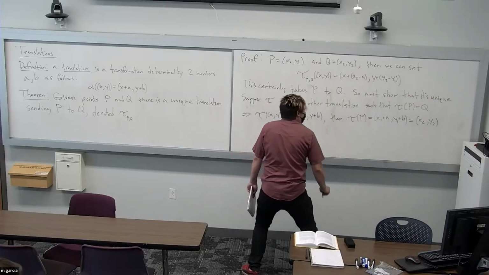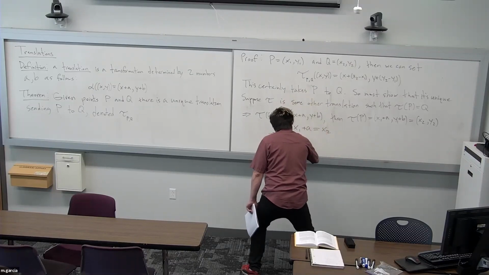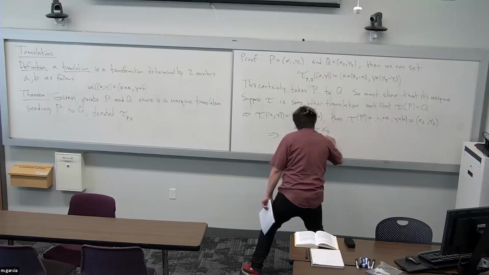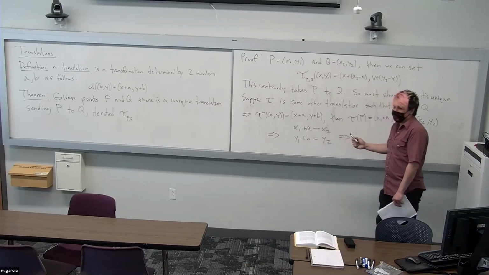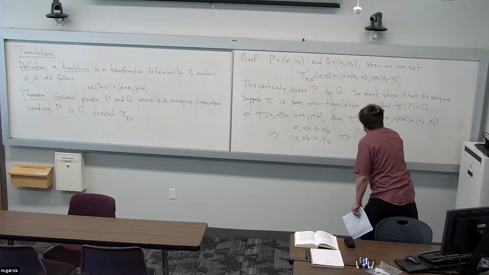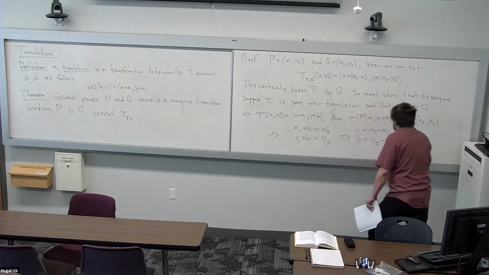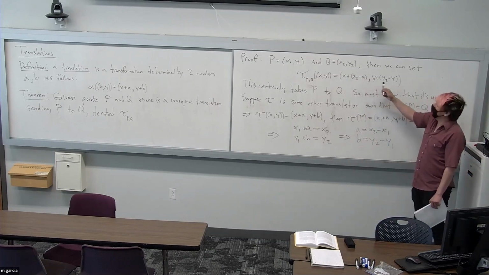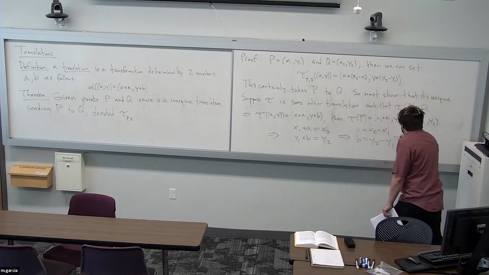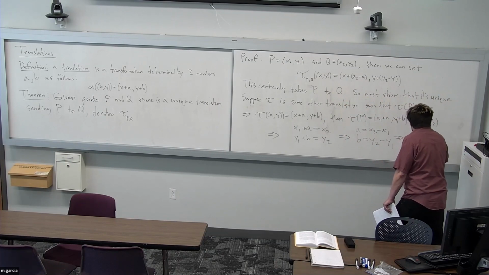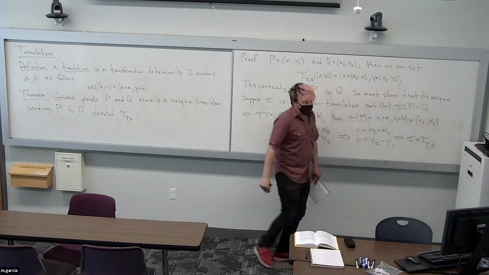So that is to say this is x1 plus a is equal to x2, and y1 plus b is equal to y2. Now if I solve for a and b to determine what tau was, what do I get? I just get the original a and b that I set for tau sub p comma q. So altogether, this implies that tau, any other translation that sends p to q, is equal to tau sub p comma q.